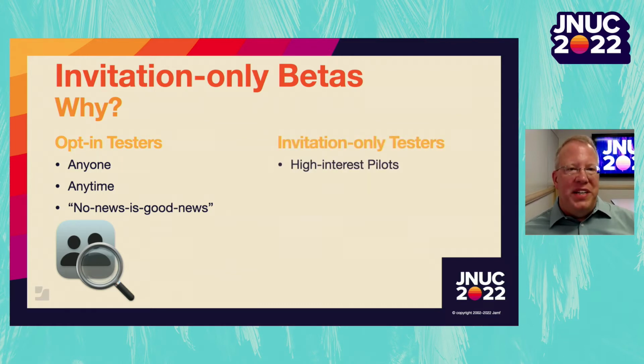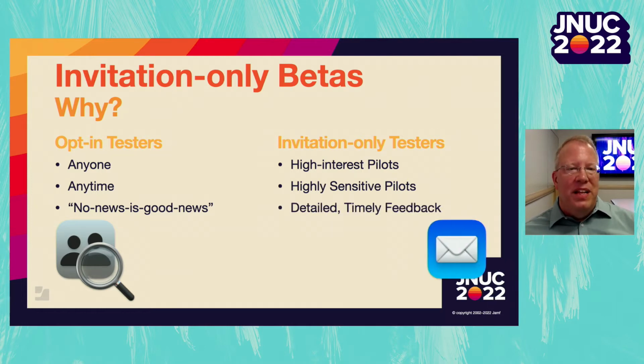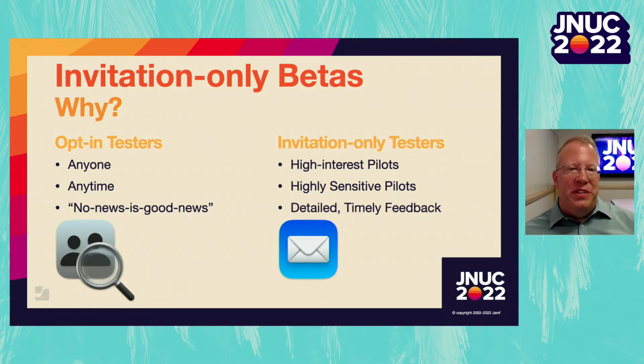For this type of testing, we feel that invitation-only betas is the way to go. These are your elite testers, the Randys and the Patricks of your testing program, who have repeatedly proven themselves to provide detailed, timely information. Not only do you want feedback from these individuals, you need it if your pilot is going to be successful.